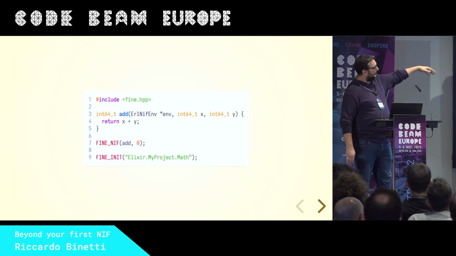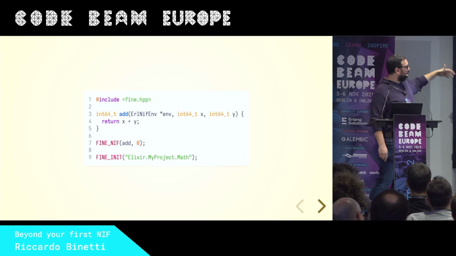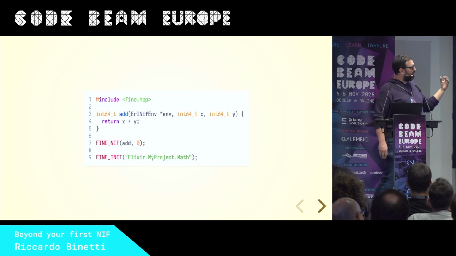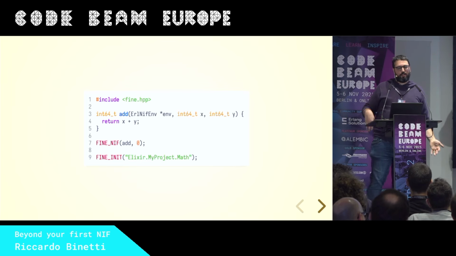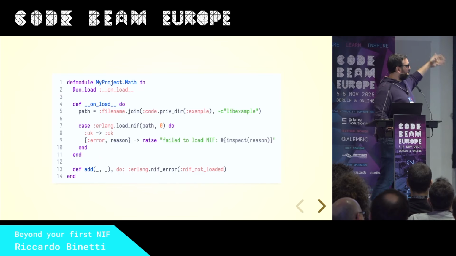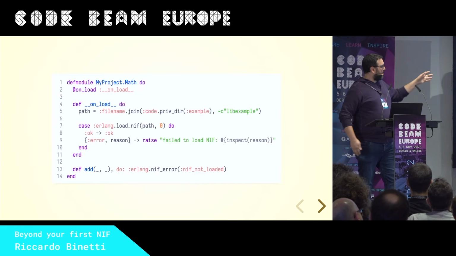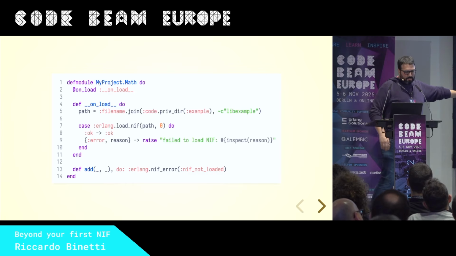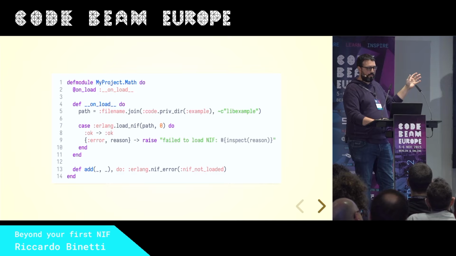This is how the add function looks in Fine. The nice thing is that your arguments are already deserialized, so they're already a native type. And then on the Elixir side, you have to do the usual stuff to load the NIF and have a fake NIF implementation that just returns an error, and that's it.